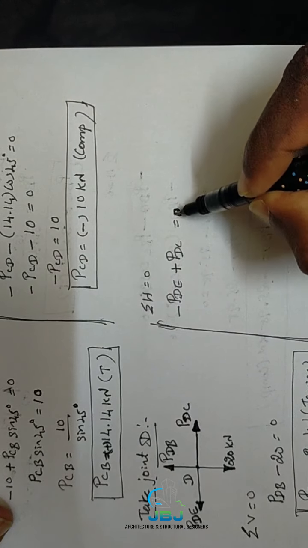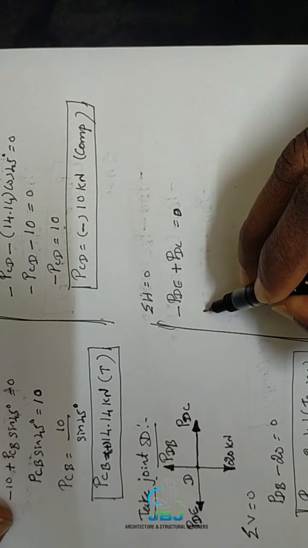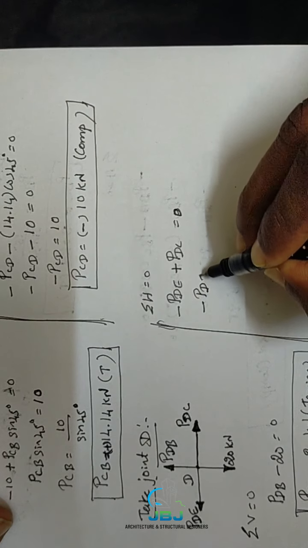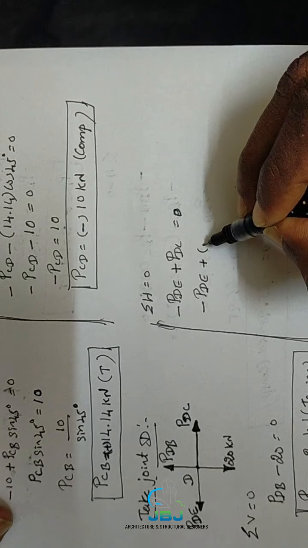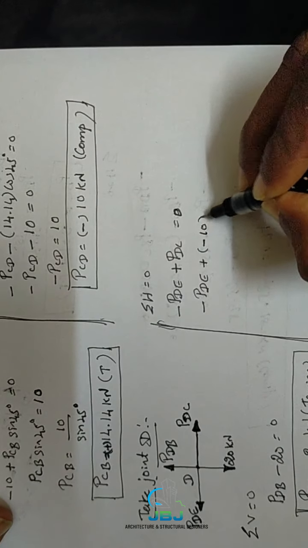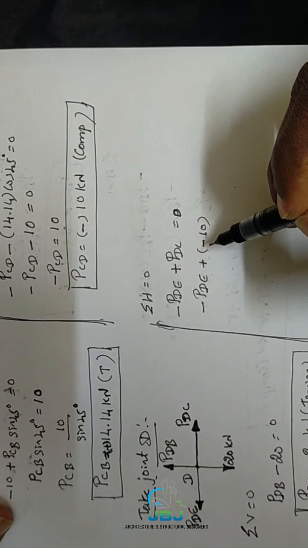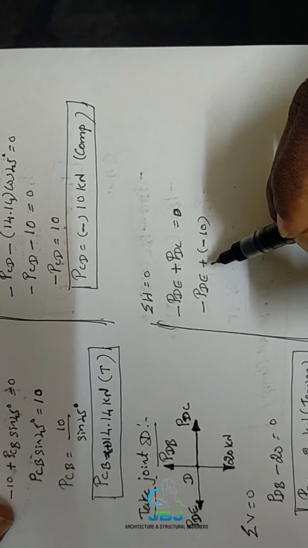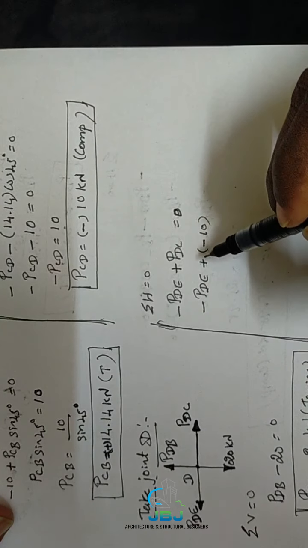Here we know the value of PCD or PDC, whatever it may be, minus 10. If you consider a member as compression, you directly put the negative sign. No need to be confused.